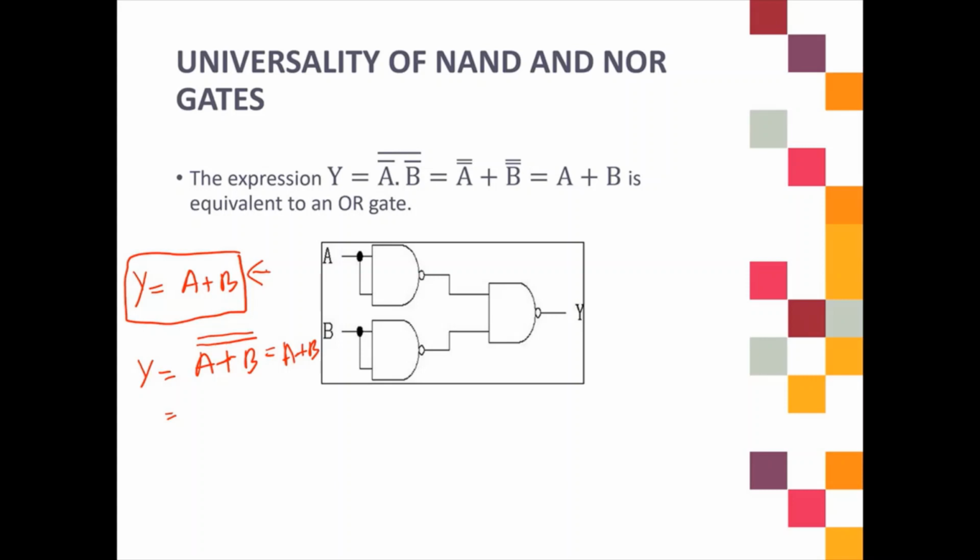When you insert double invert, so you will get A plus B double invert. Tapi kalau ikut format double invert ni, dia still tak follow format NAND, because NAND dia tak boleh ada plus kan. So apa yang kita kena buat? So we need to apply De Morgan to the bottom inversion bar.